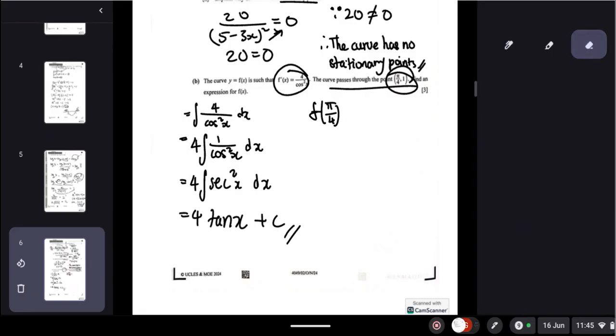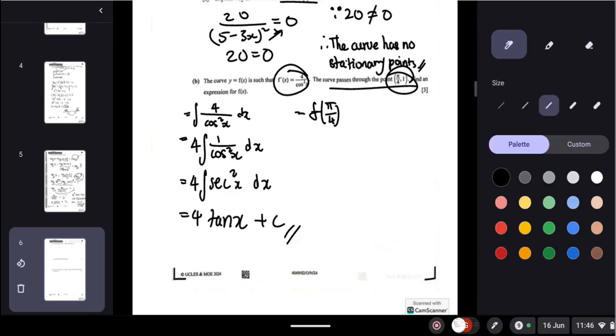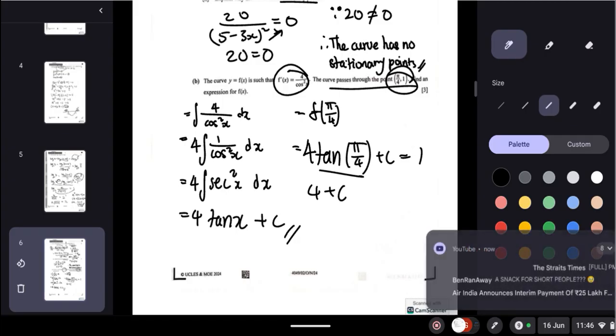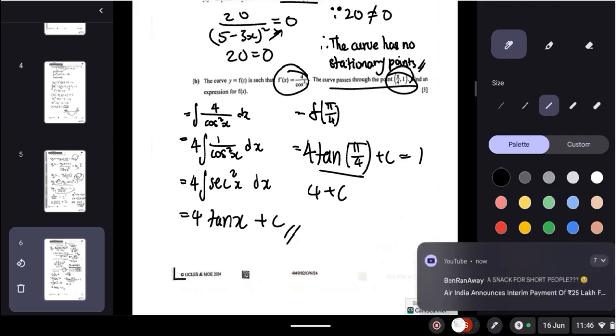So I like to write this: for tangent pi over 4 plus c equals 1. Basically you have to find your c. If you type tangent pi over 4 into the calculator, you get a beautiful 1.